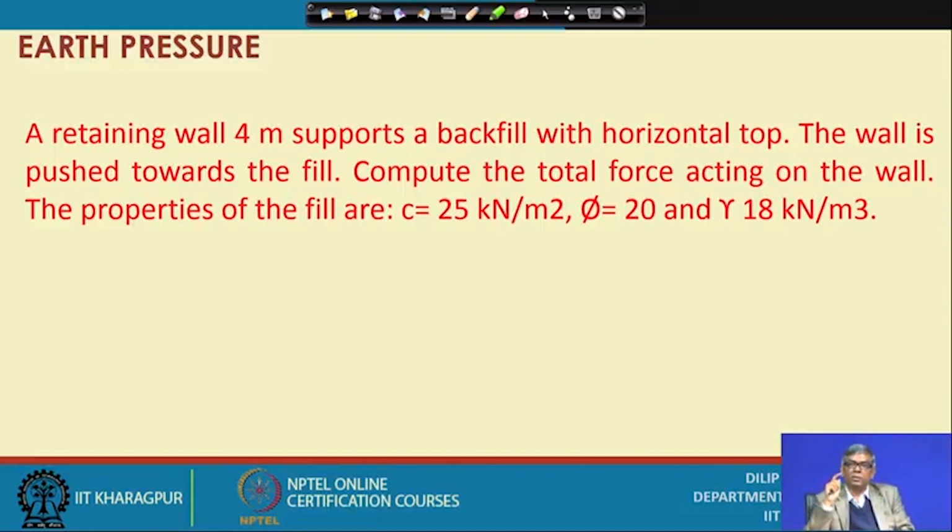So far I have taken 6 problems. I have taken only one problem on at rest, because the at rest condition is most of the time not essential. While designing you do either active or passive. The rest of the 5 problems I have done for active, and again for different types, Coulomb, Rankine and all, but I have not taken any problem on passive so far.